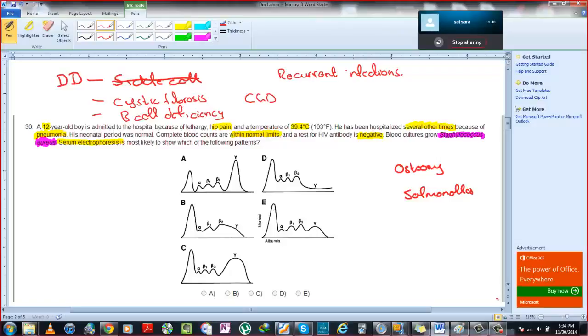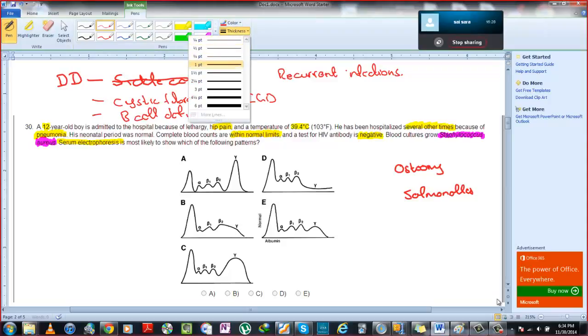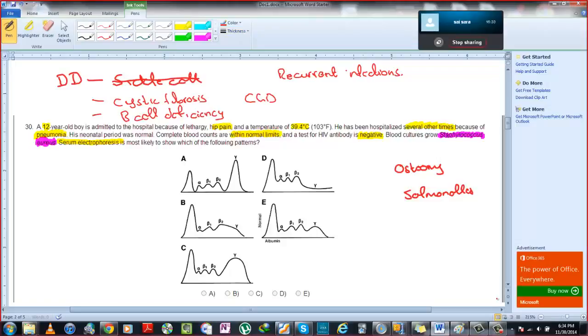So I want you to look at these electrophoresis and tell me what's happening in all of these. What is different and unique to all of these? It's the gamma, which is varying widely. Okay, it's the gamma chains which are varying widely.